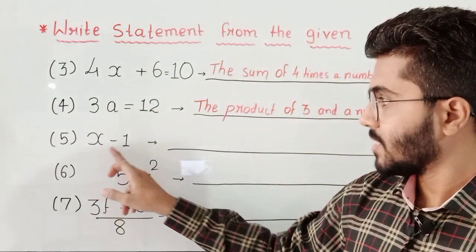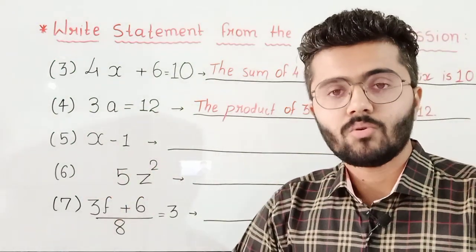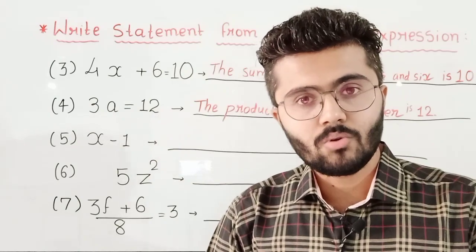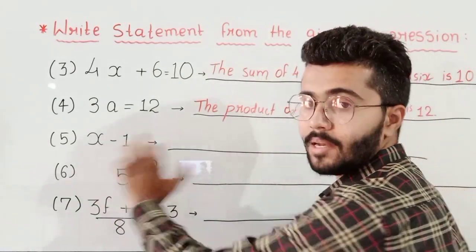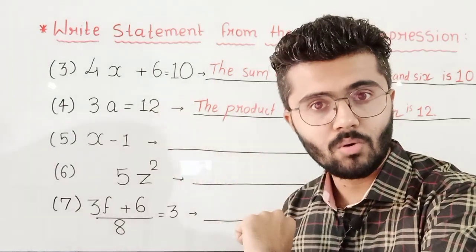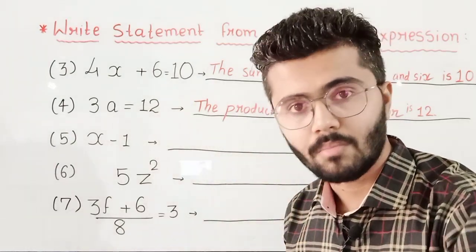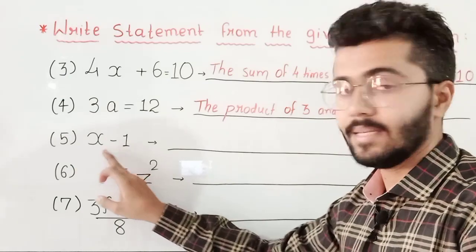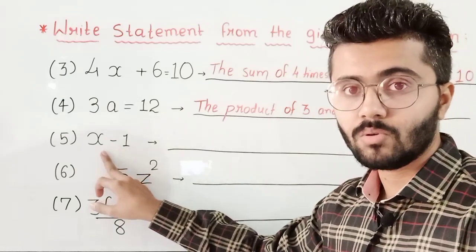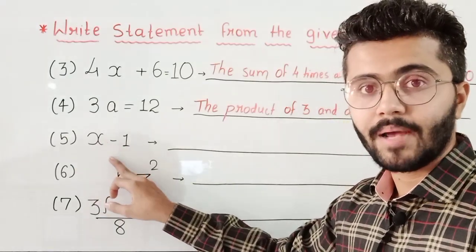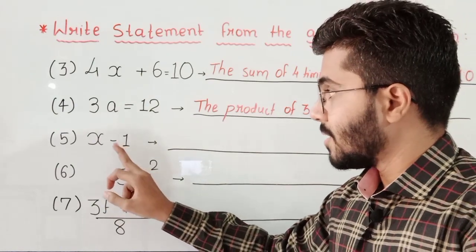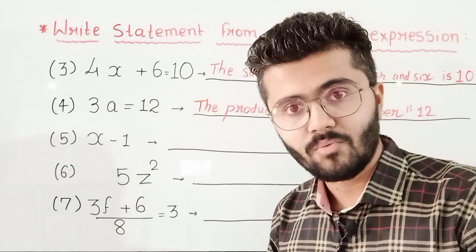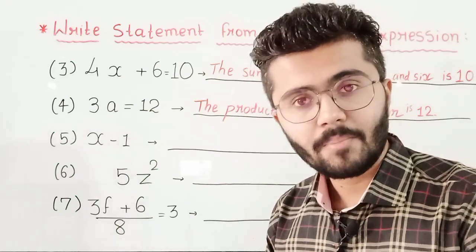Now next, x minus 1. So here the operation is minus. So you can write 1 less than a number. Yes or no? Because less than means minus. So we can write 1 less than a number. We can also write a number minus 1. That is also correct. You can also write the difference of x and 1. Difference means subtraction.